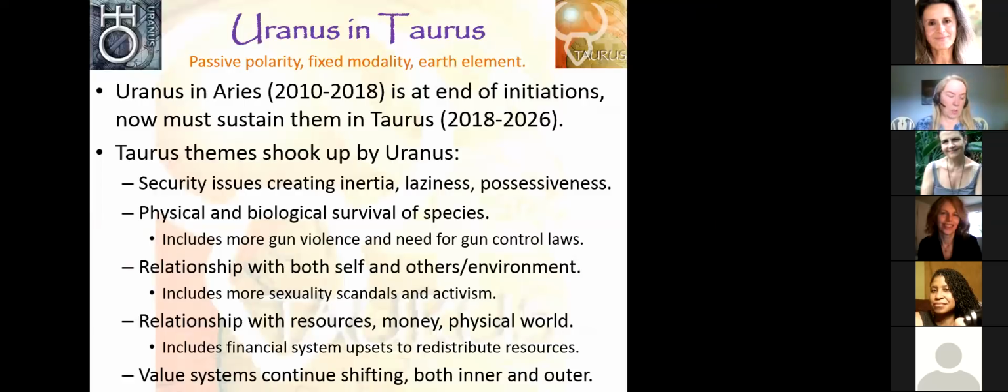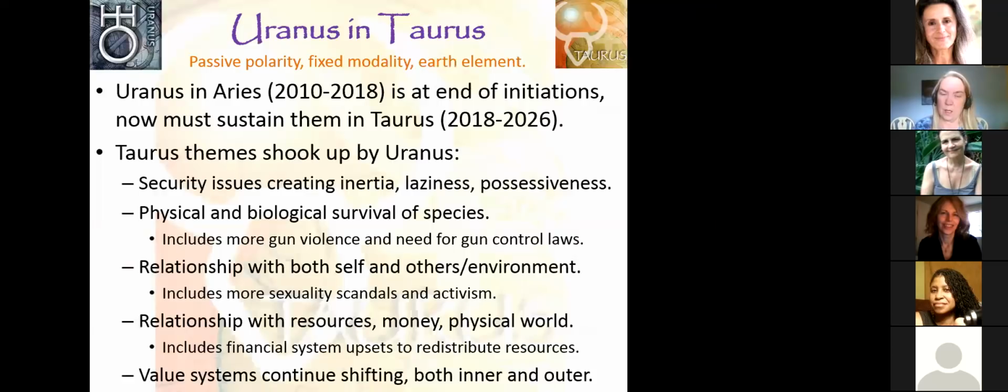As we look at Uranus in Taurus over the next 7 years, who knows how it will expand value systems, especially as these young ones come up that are so much more liberal oriented than perhaps us more experienced souls are in chronological years, let's say it that way.